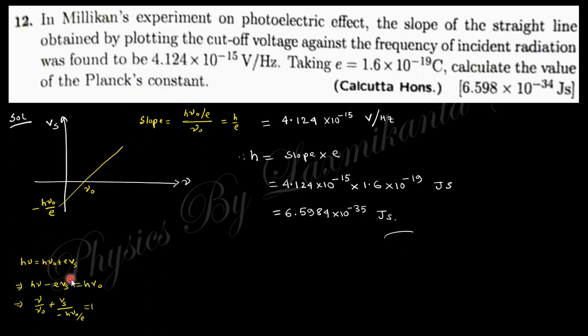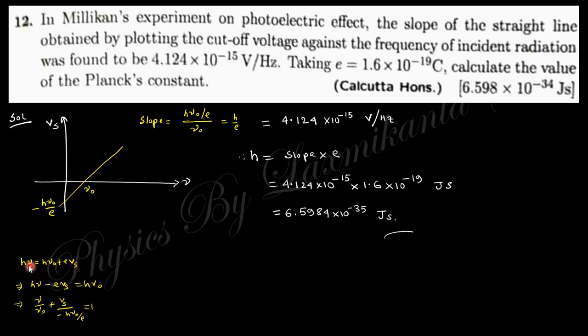You know this relation of the photoelectric effect, that is h nu equals h nu naught plus e into Vs. Vs is the stopping potential, right? h nu is the incident energy, h nu naught is the work function or the minimum energy required for the electron to jump from the metal to its surface, and this is the excess energy, which behaves as the kinetic energy of the ejected electron.